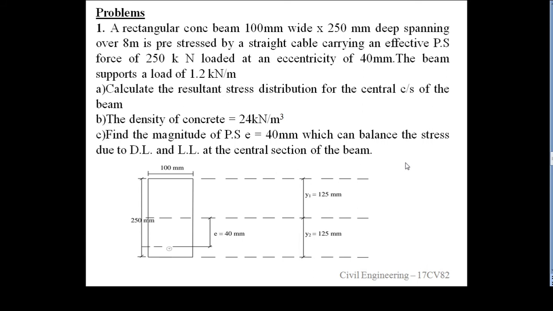This represents the straight cable with a force of 250 kilonewton, PS value, at an eccentricity equal to 40 mm from the centroidal axis. Also y1 is 125 mm and y2 is equal to 125 mm.